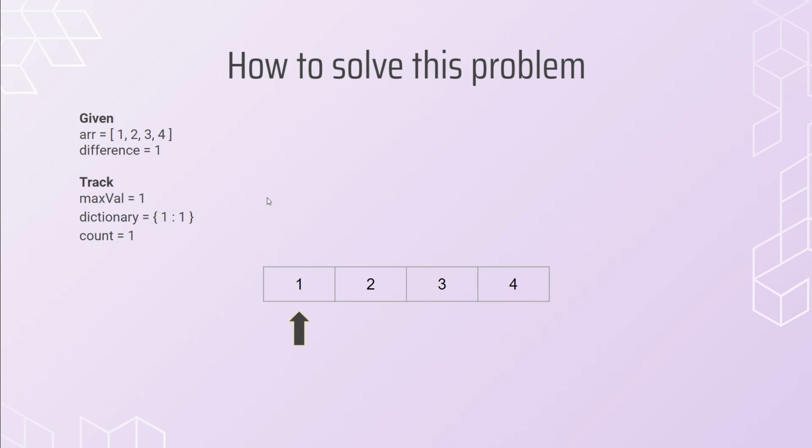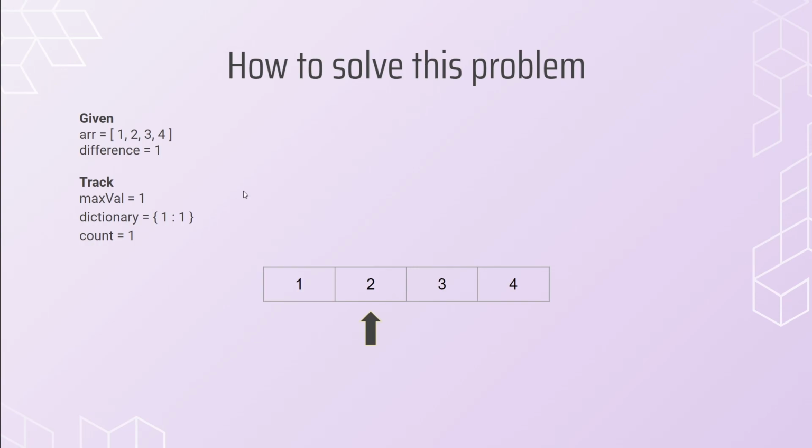Next, we go to the next value, which is 2, and update our count to be 1 again. We check if 2 minus the difference, in this case 2 minus 1, which is 1, is in the dictionary. It is in the dictionary, so we update the current count to be the current count plus the value in the dictionary for the difference we just calculated.